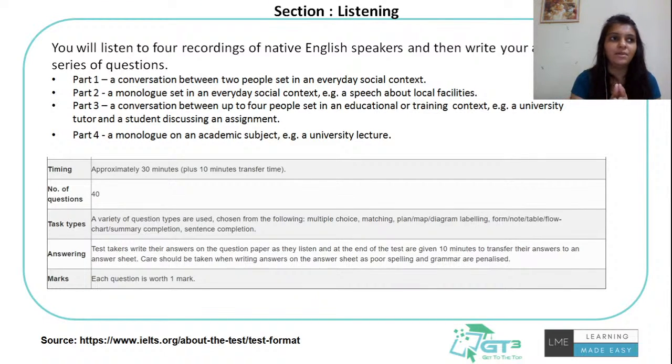For example, if you are attempting the first 1 to 5 questions, before the section starts you'll be given at least a few minutes to look at those questions, and then again you'll be given some time to look at questions 5 to 7 or 5 to 10. So this way the audio will work through 40 questions. The major plus point in IELTS for listening, and for all modules, is that there is no negative marking in IELTS. So you can always attempt all the questions in the listening module.